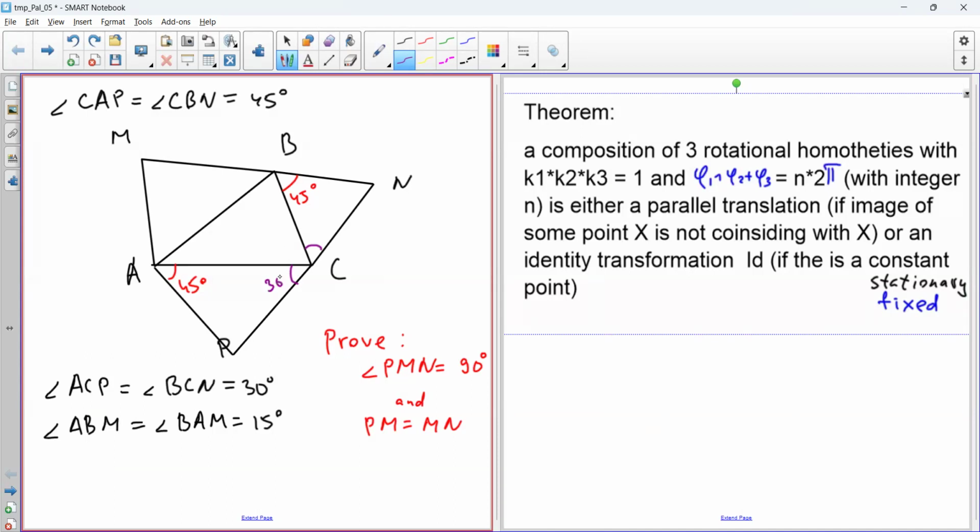So this would be 13. And this would be 15, ABM, BAM.